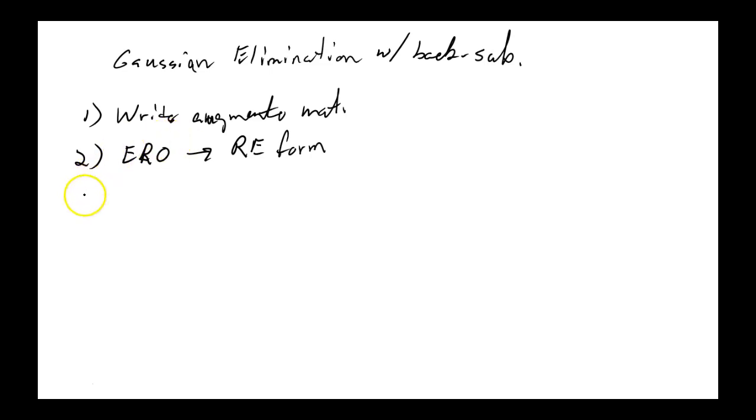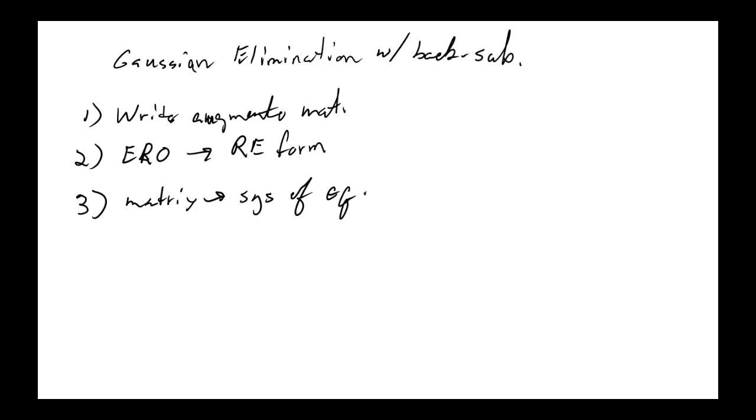Then write the system of linear equations corresponding to that row echelon form. So the first step was take the system of equations to a matrix, then do the elementary row operations on the matrix to get it in row echelon form, and then take the matrix back to a system of equations. That would involve your parameters if you have them, evaluating if you don't.